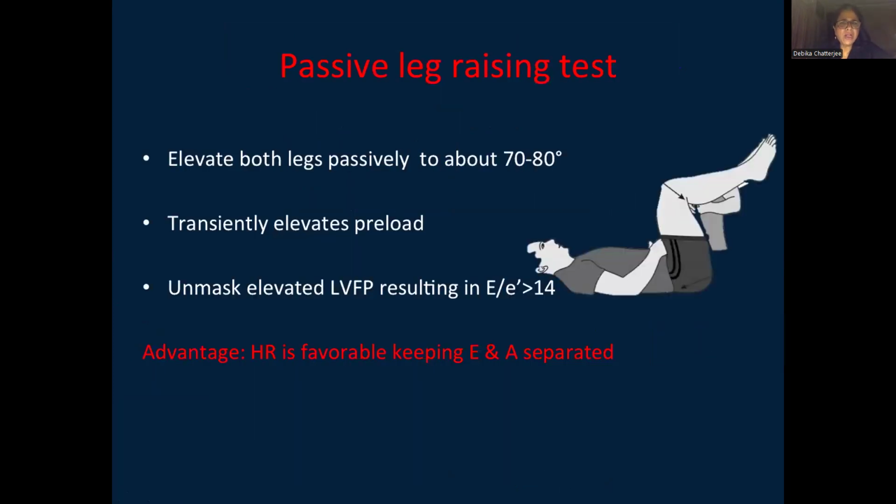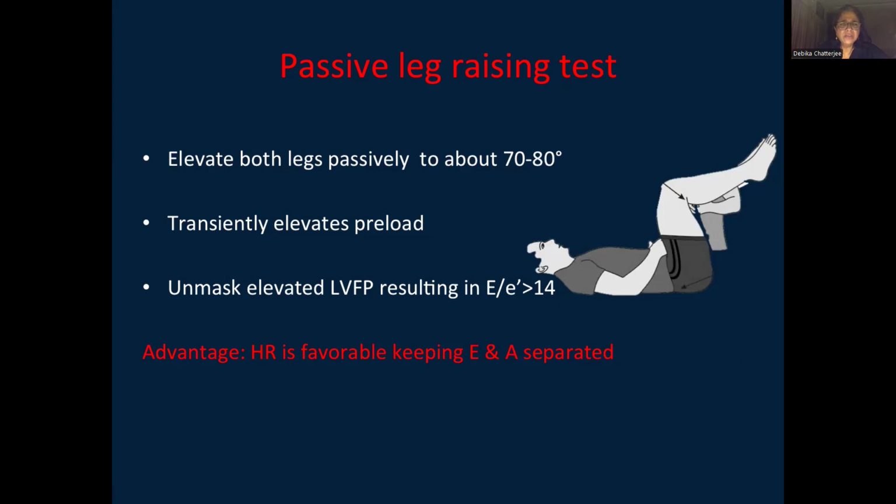The same result you may get with the passive leg raising test. Here we have an advantage because heart rate is not increased, and it is favorable for keeping the E wave and A wave separated. So when you are assessing diastolic dysfunction, where a patient is lying on the bed, you just elevate both the legs passively to about 70 to 80 degrees.